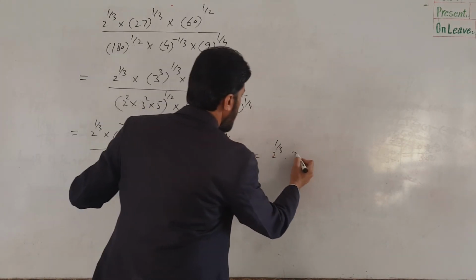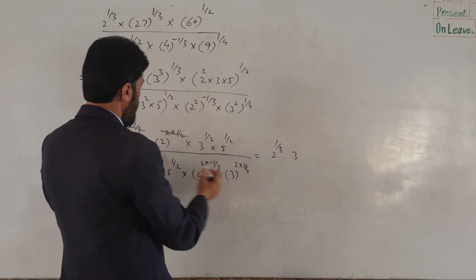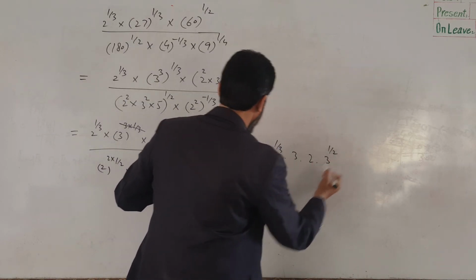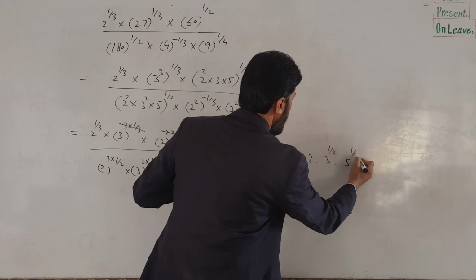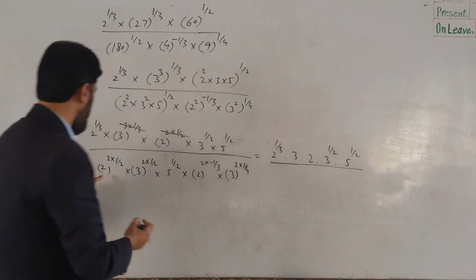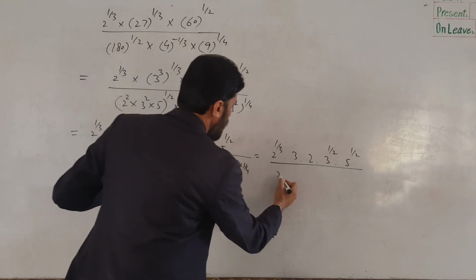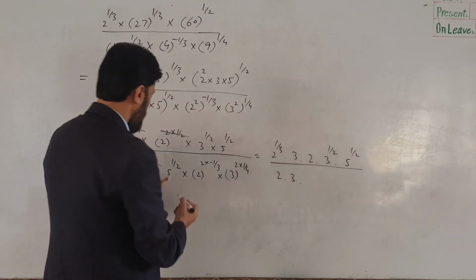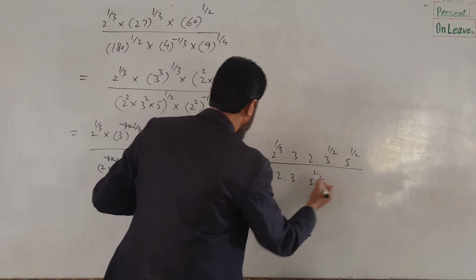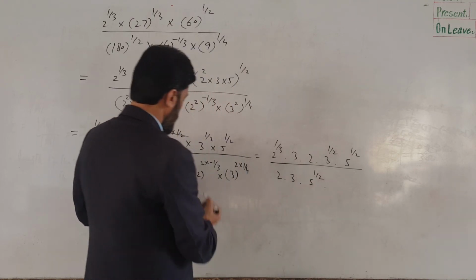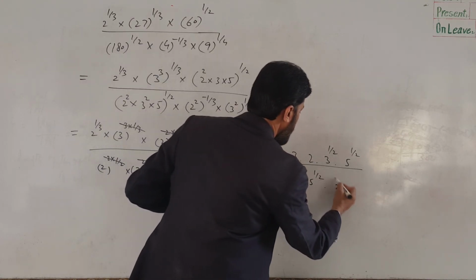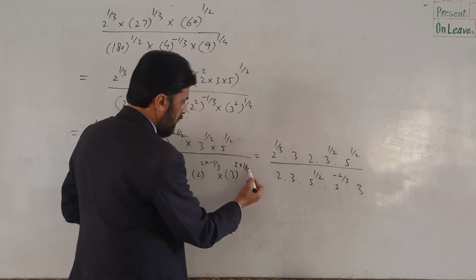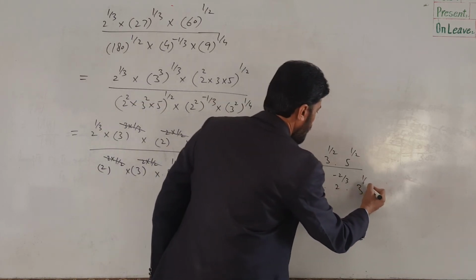Cancel 3, cancel 2, 3 raised to power 1 by 2, dot 5 raised to power 1 by 2, over cancel 2, cancel 3, 5 raised to power 1 by 2, dot 2 raised to power minus 2 by 3, dot 3 raised to power cancel 1 by 2, 3 raised to power 1 by 2.